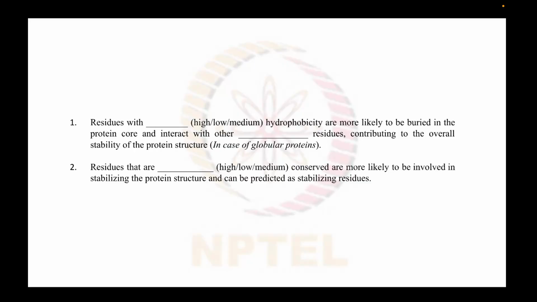So the first question is, residues with what level of hydrophobicity are more likely to be buried in the protein core, that is, are more likely to have a hydrophobic collapse, and interact with what type of residues, contributing to the overall stability of the protein structure.